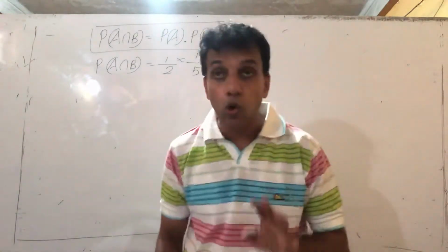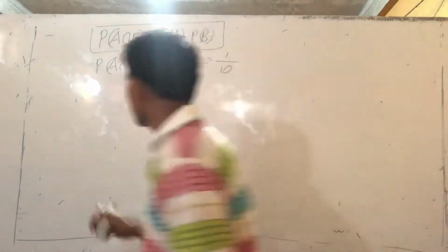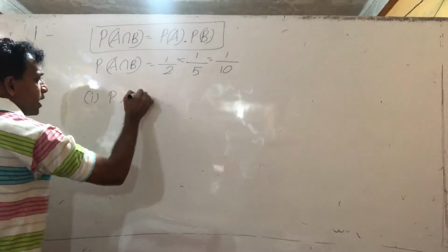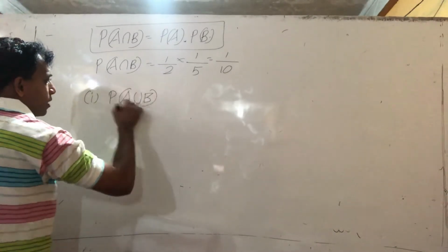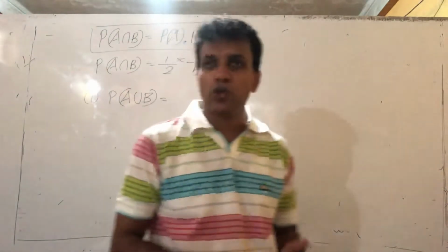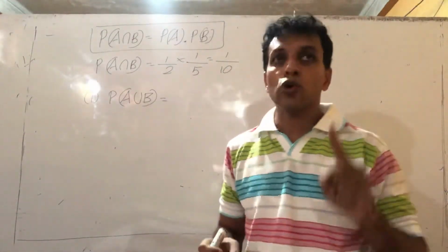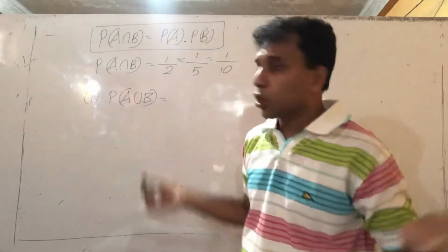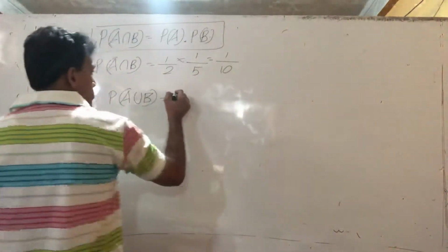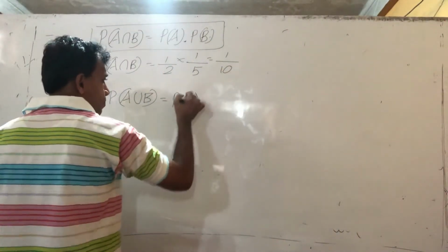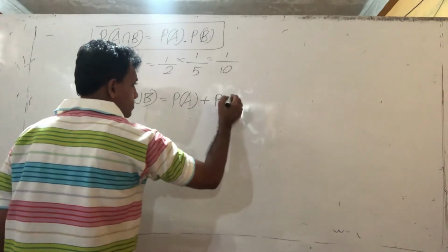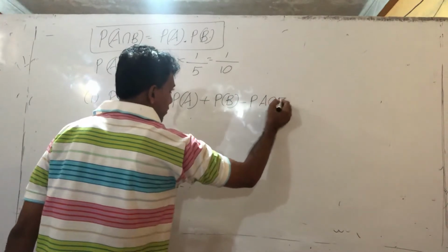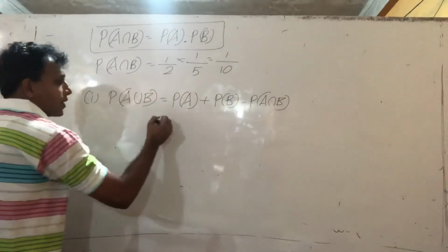Now find the following probabilities. First part, probability of A union B. Okay, it's like O-level mathematics. You know the formula: A union B equals PA plus PB minus A intersect B. So write all the answers.